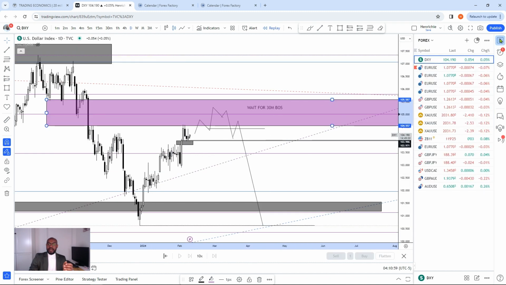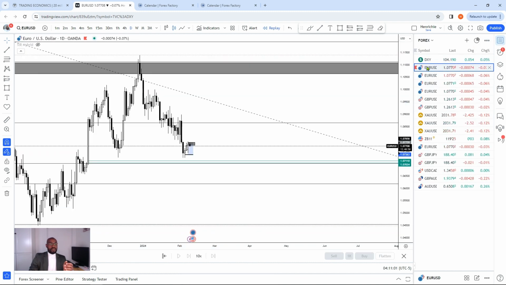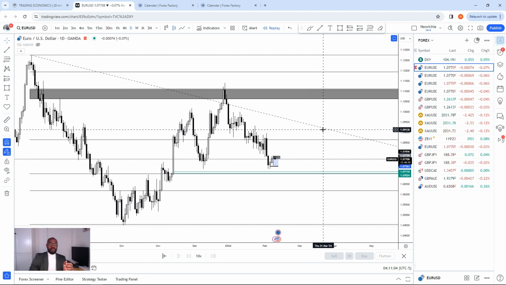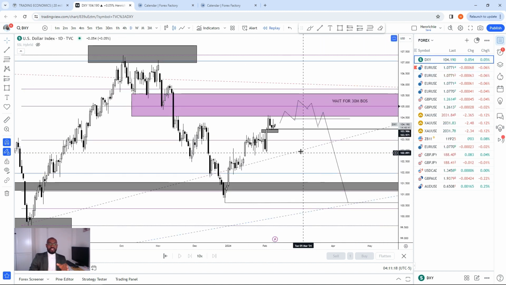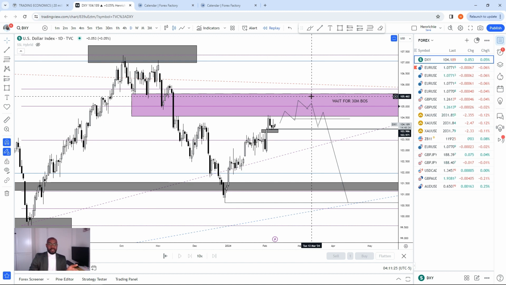So the next thing we're going to do now is look at the foreign currencies, and we're also going to look at crypto today, and I'm going to share with you tons of value on crypto today. The reason for that is because if we are anticipating a plunge in the dollar from this key level, it's going to create a lot of opportunity, life-changing opportunities, not just in trading, but also in investing.